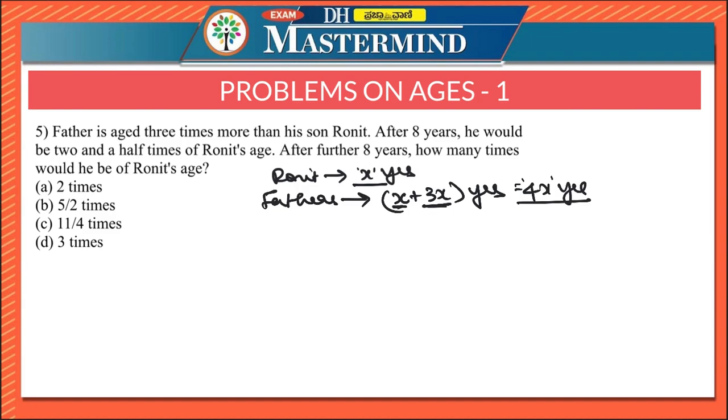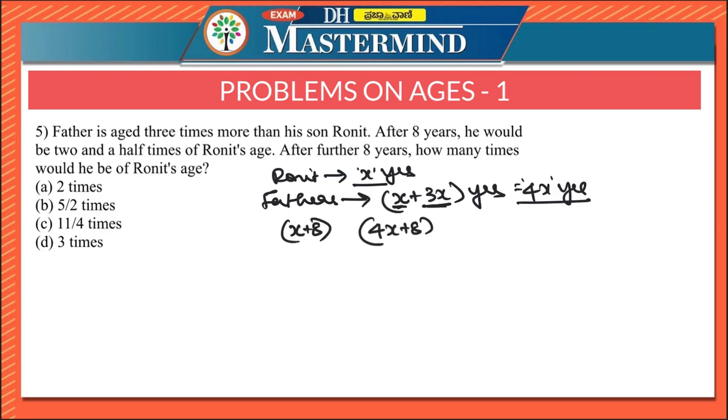However, the next condition is that after 8 years, he would be 2.5 times Ronit's age. So what is the age of Ronit after 8 years? It would be x plus 8. While his father's age will be 4x plus 8.